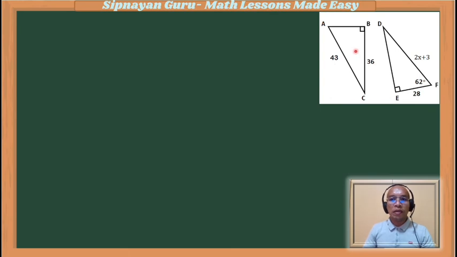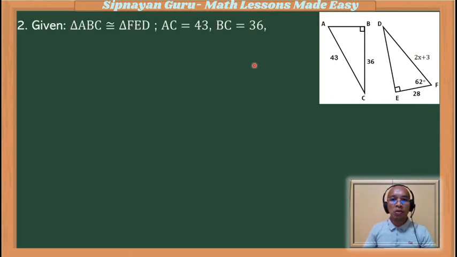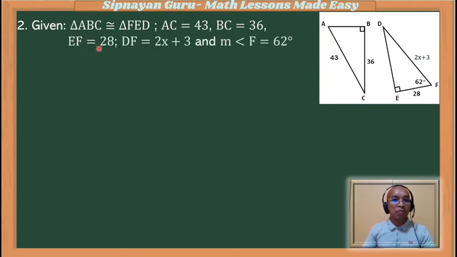Another given: triangle ABC is congruent to triangle FED. Segment AC measures 43 units, BC is 36 units, EF is 28 units, DF is 2x plus 3, and the measure of angle F is given.